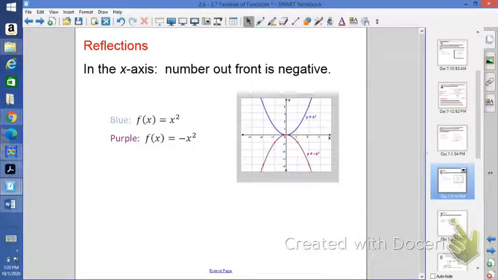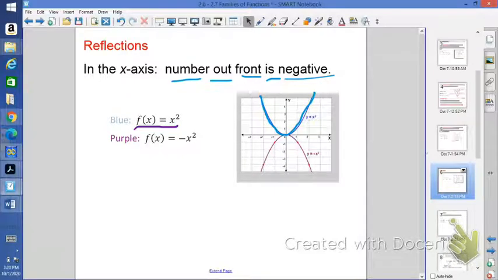All right. The next type of transformation is a reflection. All right. So here's the parent function, f of x equaling x squared. We can see it in blue here. All right. Now, a reflection across the x-axis occurs when the number out front is negative.